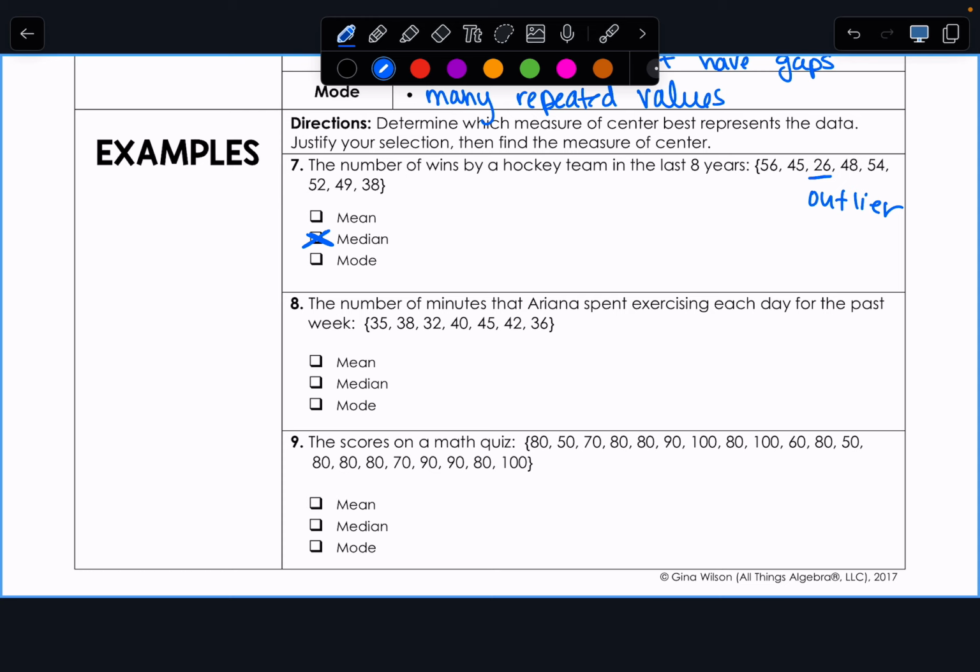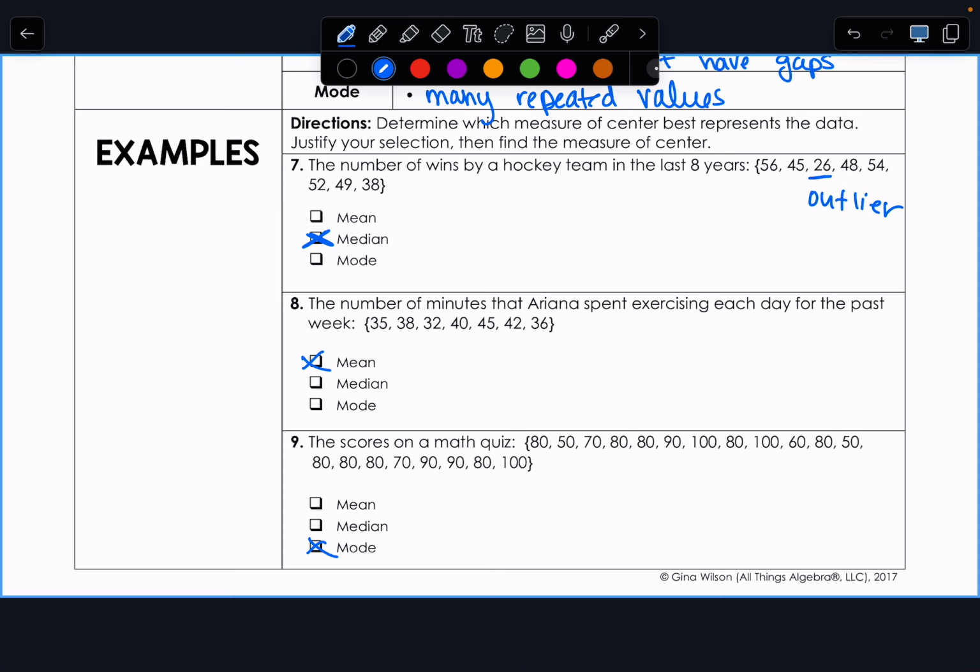Which set of data has a bunch of repeated values? The last one. So here our mode. Okay. Lots of repeats. Lots of 80s. But then number 8, what's going to be the best? The mean's going to be the best because neither one of those things is happening. How many numbers is an overwhelming amount?